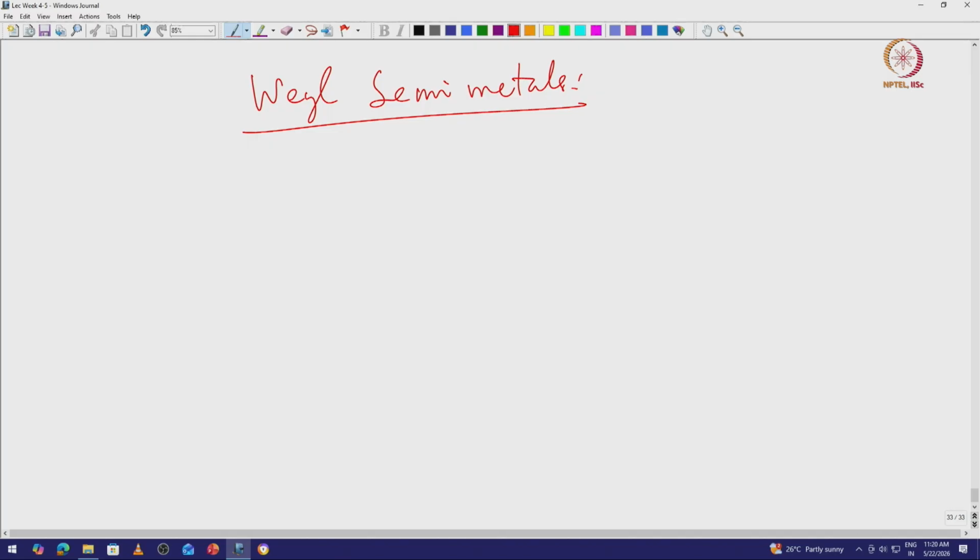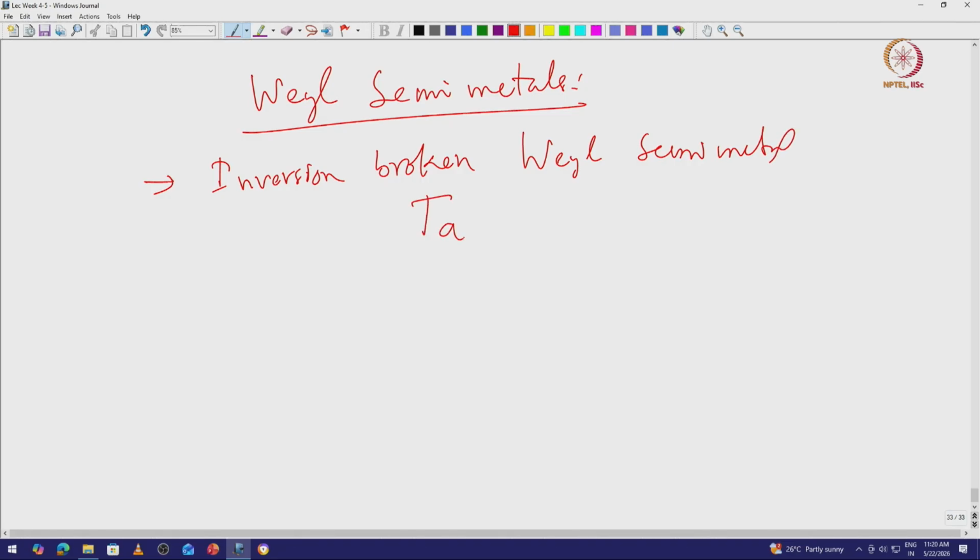The first materials obtained were inversion broken Weyl semi-metal, the tantalum arsenide family, and there are other materials.